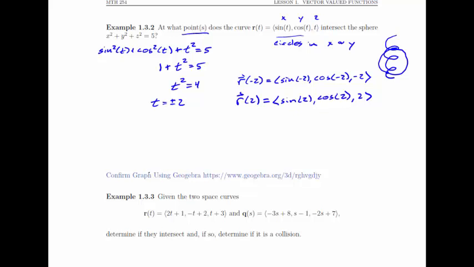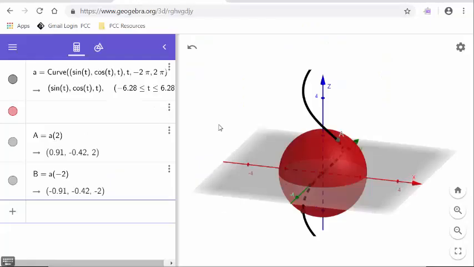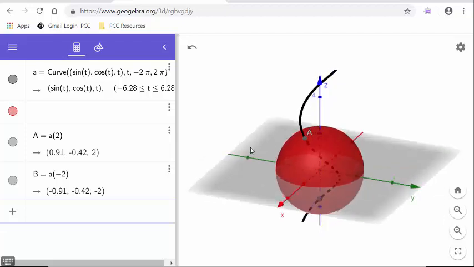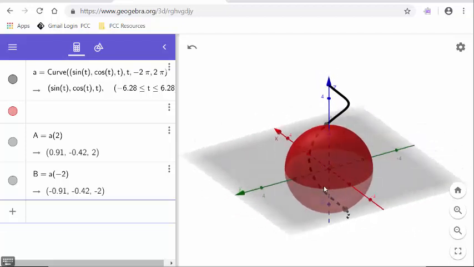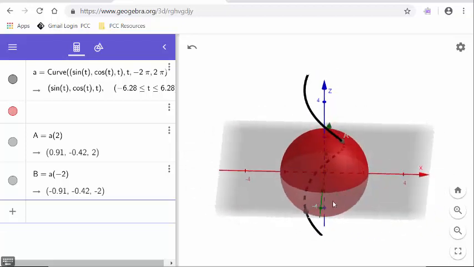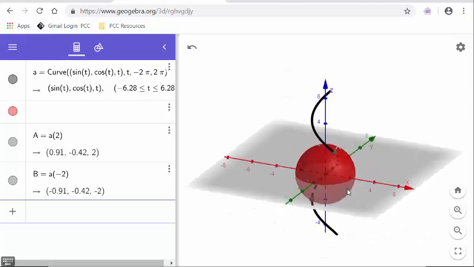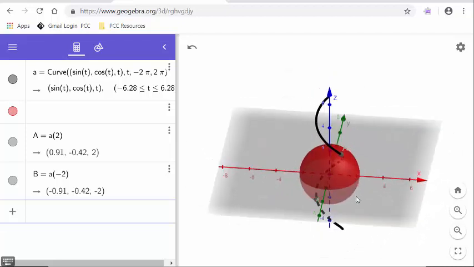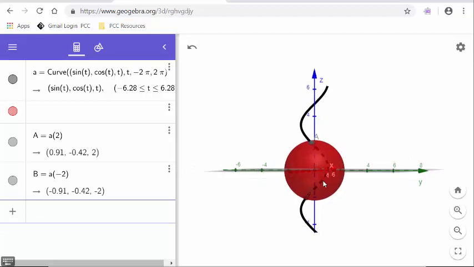And we can go ahead and take a look at this graph here, a much better version of my little sketch there. So we see the sphere and our spring, and we see the 2 points where that space curve intersects that sphere.